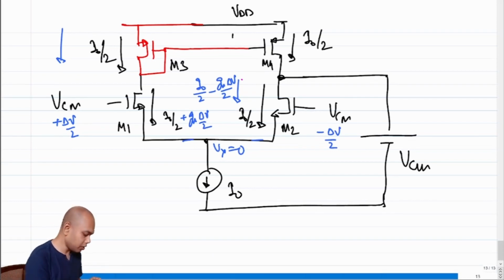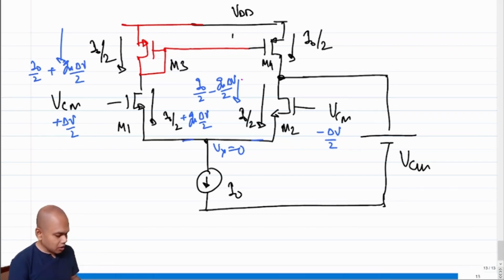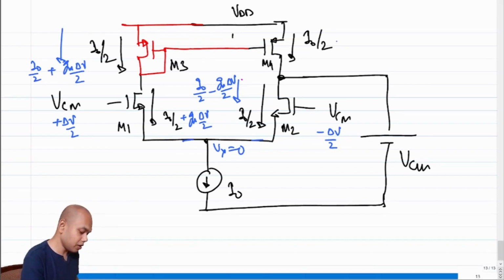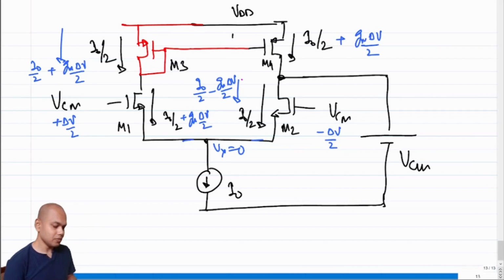So the total current through M3 becomes I naught over 2 plus Gm delta V by 2. Now note that M3 and M4 are current mirrors, so whatever flows through M3 also needs to flow through M4. Which means the total current through M4 is I naught by 2 plus Gm delta V by 2.